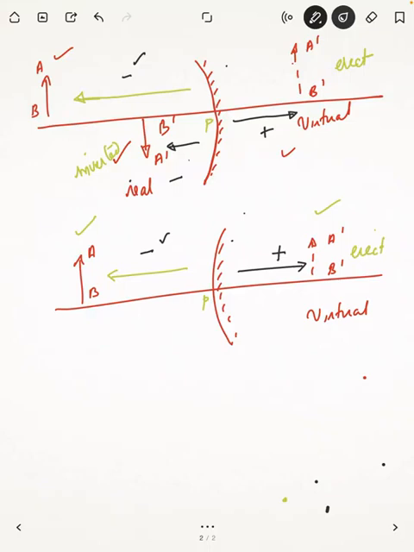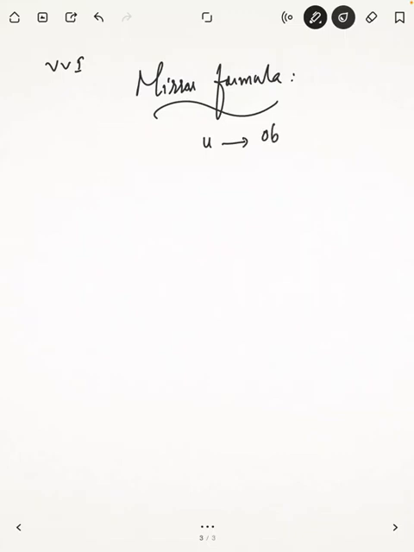Next point, what is the mirror formula? Very, very important one. What is the mirror formula? So for a mirror, we recognize U. U stands for object distance, the distance of the object from the pole of the mirror.